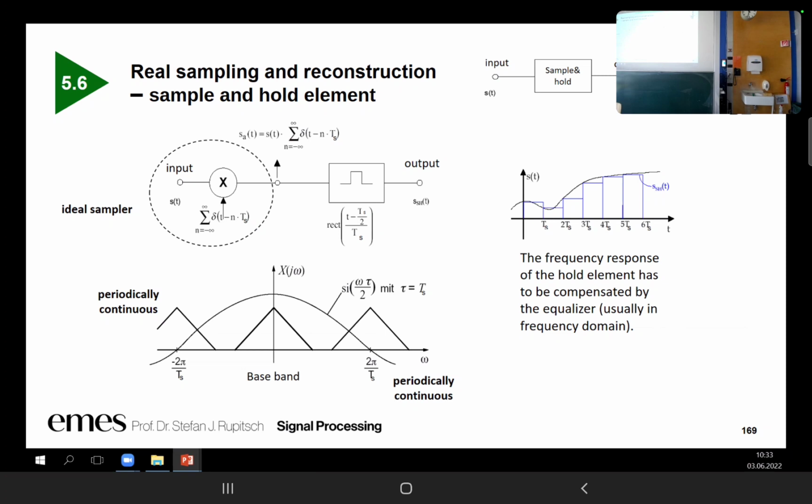No, because the Dirac pulse in the frequency domain is 1, and the Dirac pulse concerning convolution is the neutral element. Then you can put here as a transfer function a Dirac pulse at each position, because it's the neutral element.